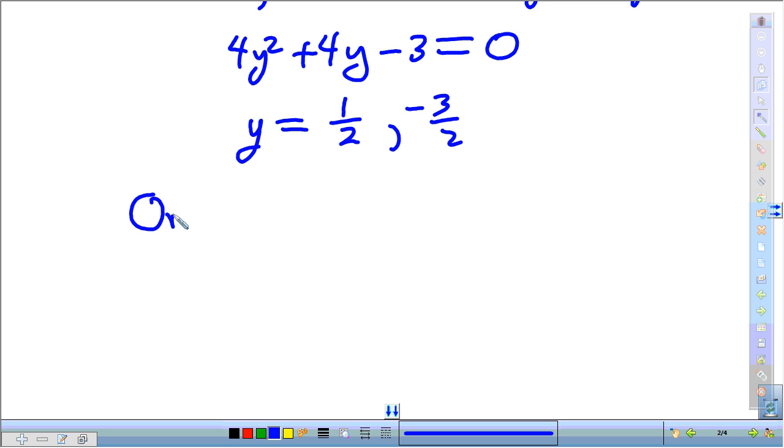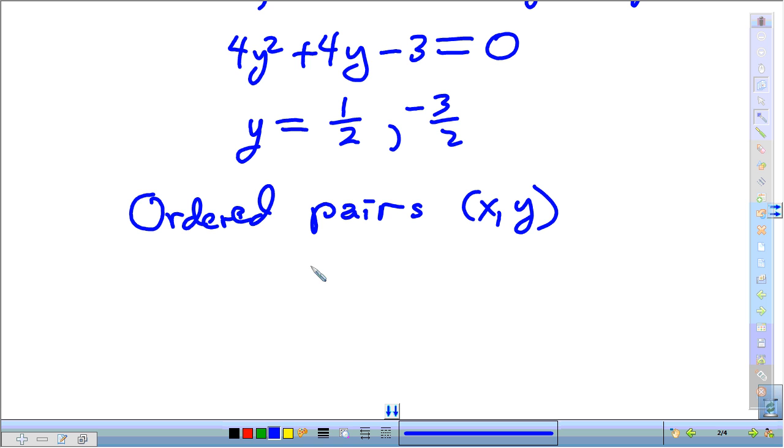So we have pairs x and y, and so we look at those as ordered pairs, putting the x coordinate first.